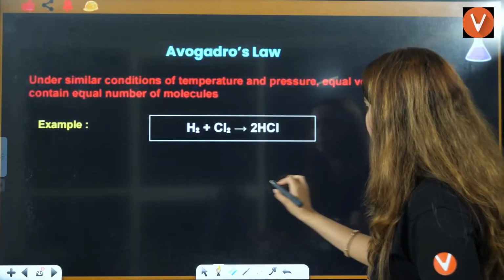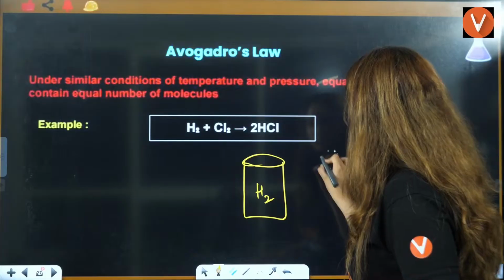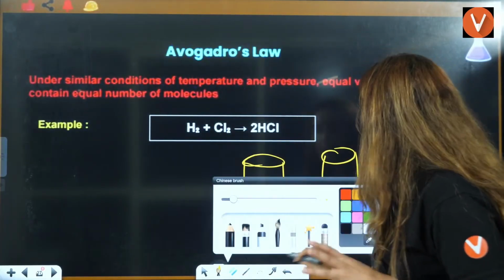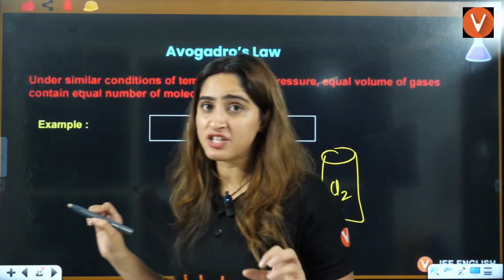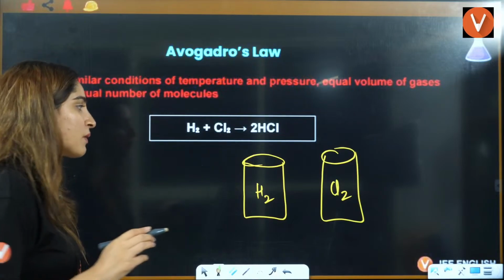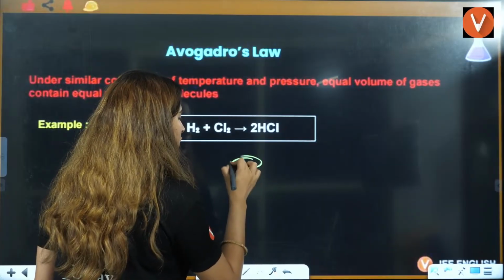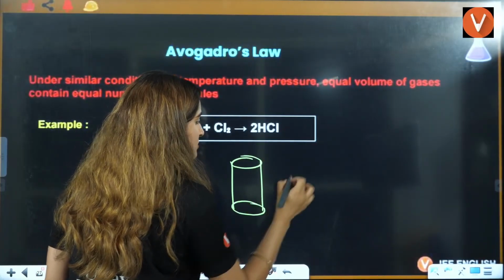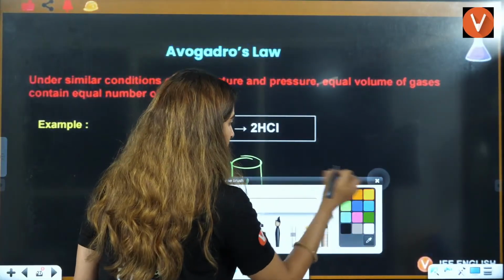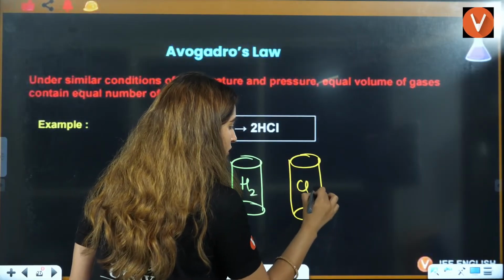Okay, let's see this. You have a tub where you have H2. Again, you have not a tub, a cylinder where you have Cl2. Now, I am saying the temperature and the pressure is same in both the cylinders. I think the cylinder should be better than this. So we can draw at least that much better. I don't have that bad a drawing that I can't even draw a cylinder.